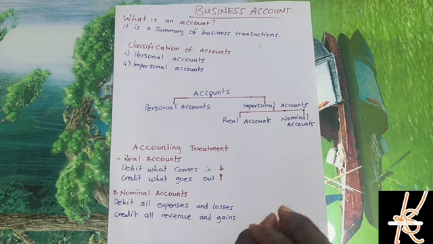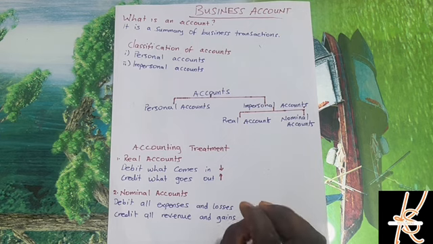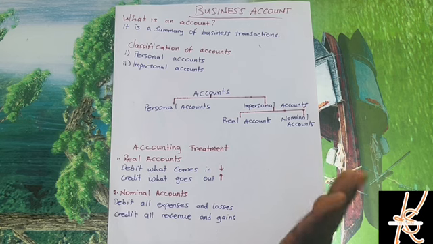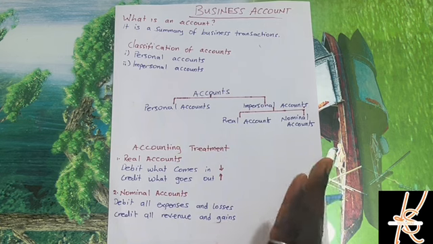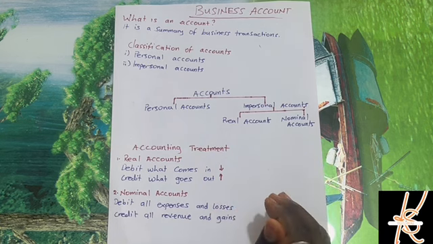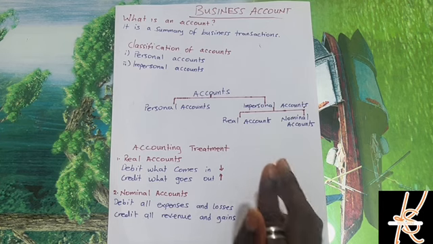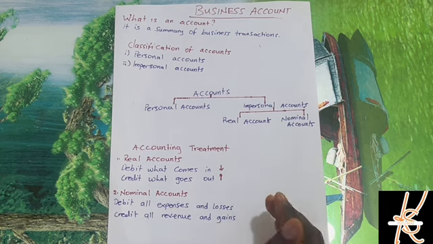We debit expenses when they increase, and we credit them when they decrease. We debit revenue when it decreases, and we credit revenue when it increases.